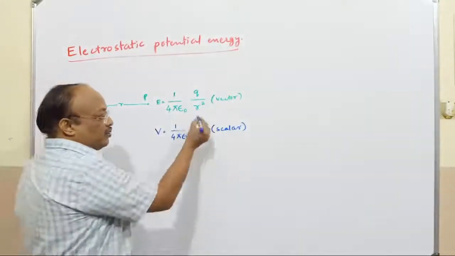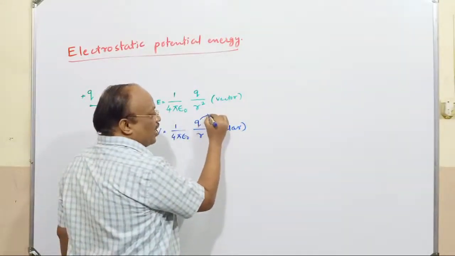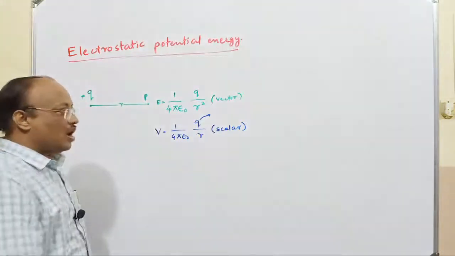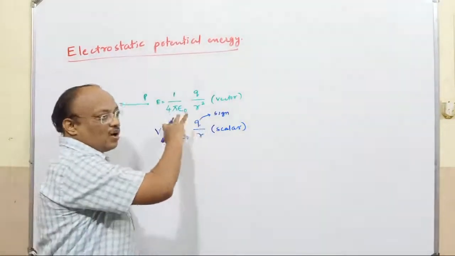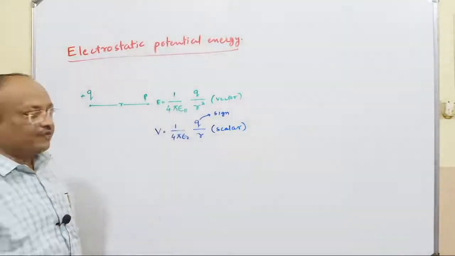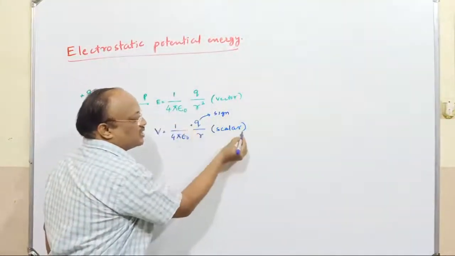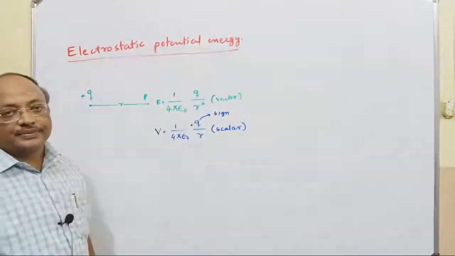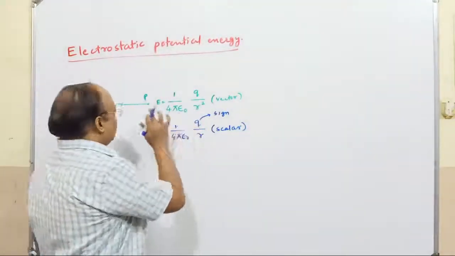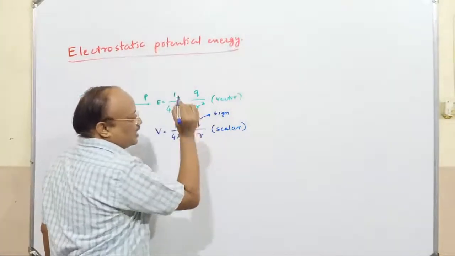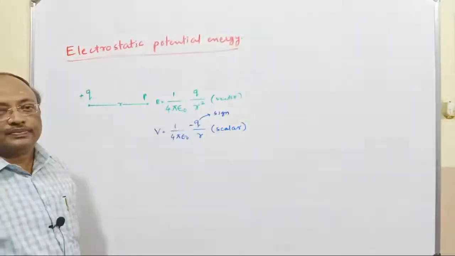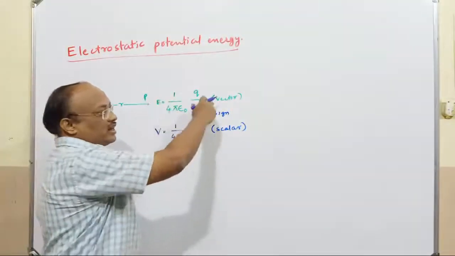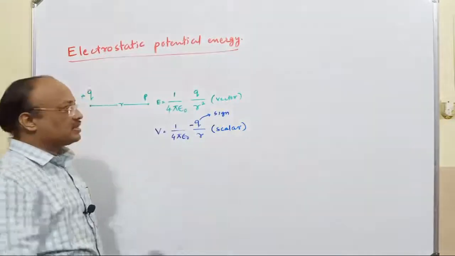Because of that, we have to take the sign along with Q, whether this charge is plus Q or minus Q. If plus Q is there, we take plus Q since it is a scalar quantity. If the charge is minus Q, we take minus Q because it is a scalar quantity. No need to do that for the electric field, because it is a vector quantity.